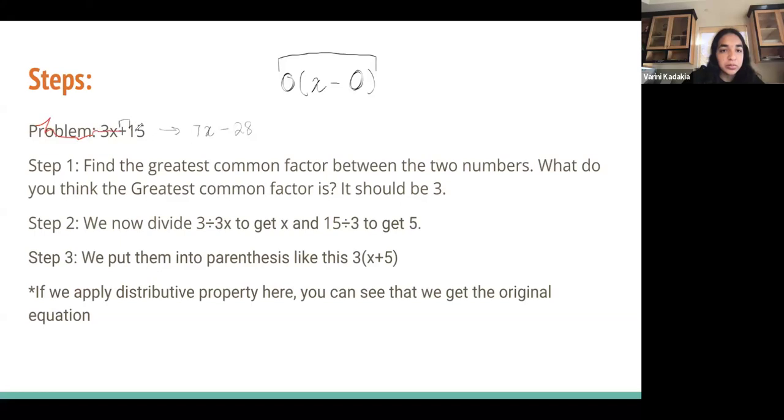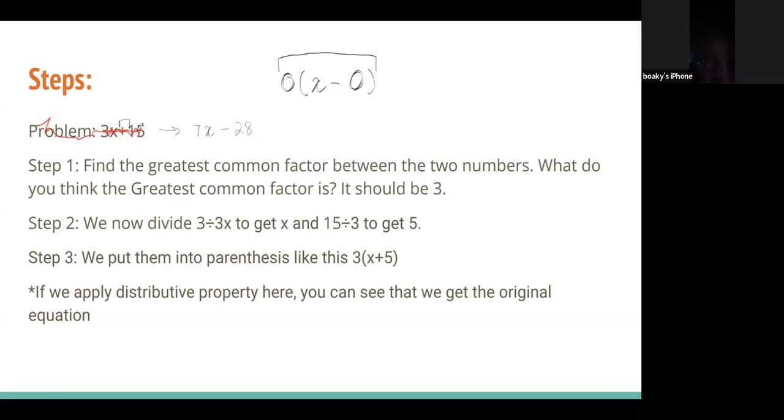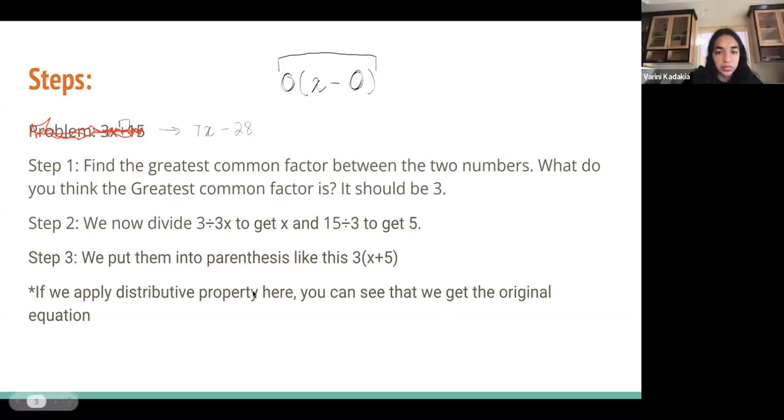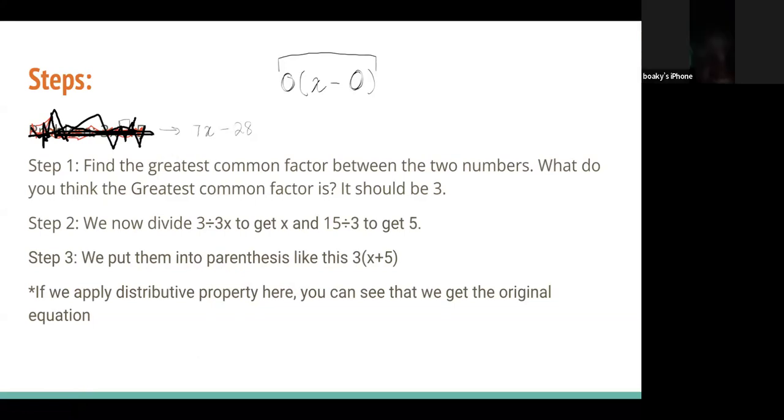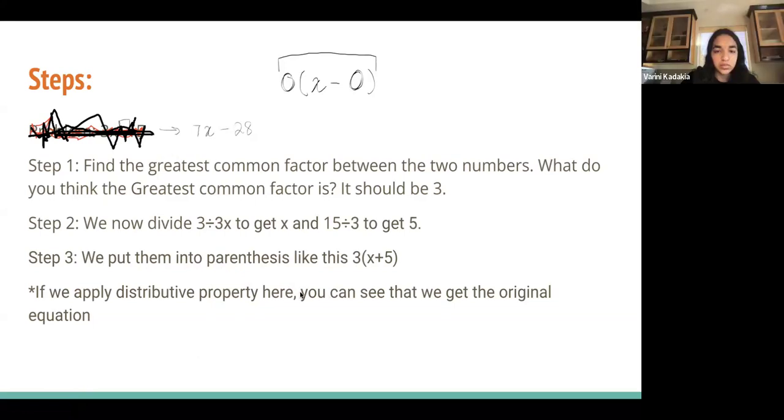Ignore this problem. Okay, I think you guys are starting to get it, which is good.